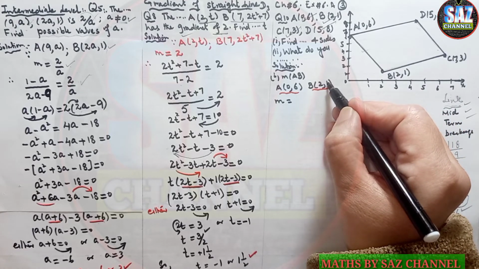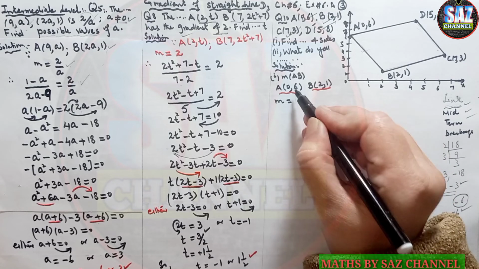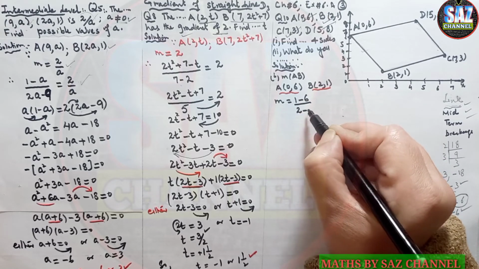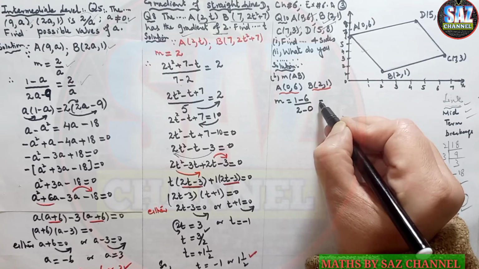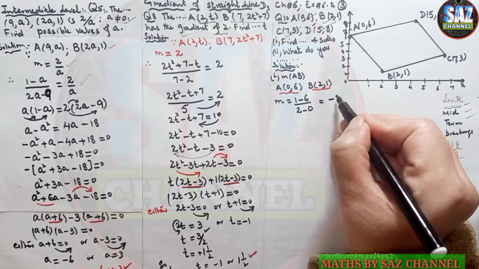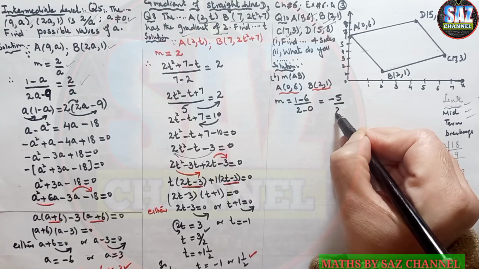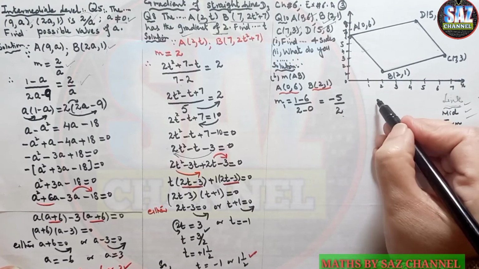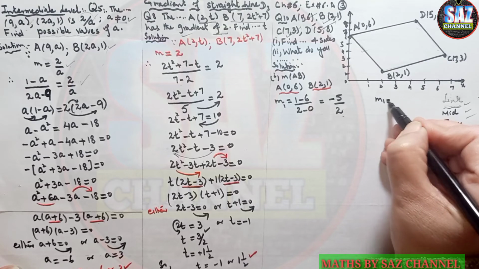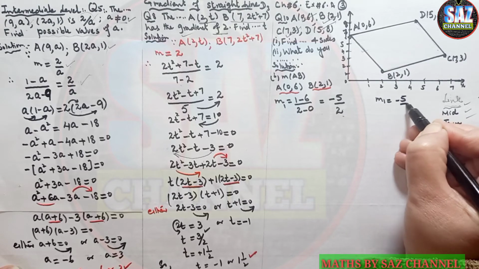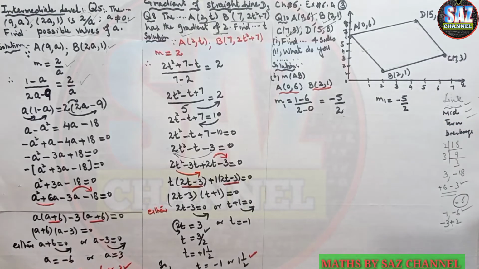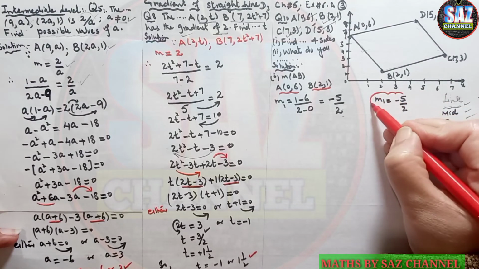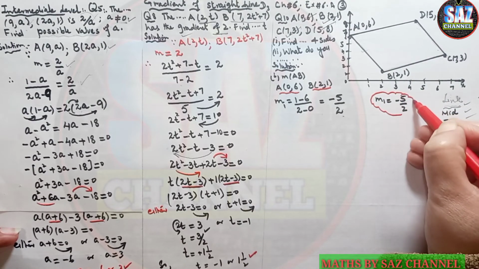That will give me 1 minus 6 upon 2 minus 0, and 1 minus 6 is minus 5 upon 2. So let me make it m1. m1 equals minus 5 by 2. Let me encircle this answer m1, which is the gradient of AB.